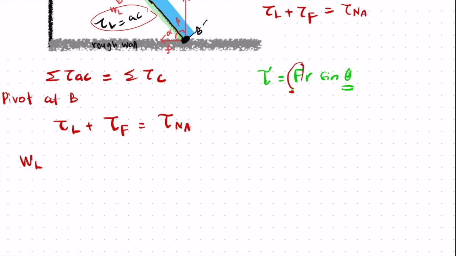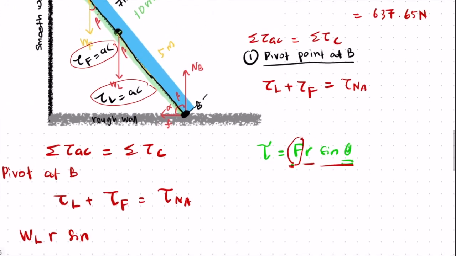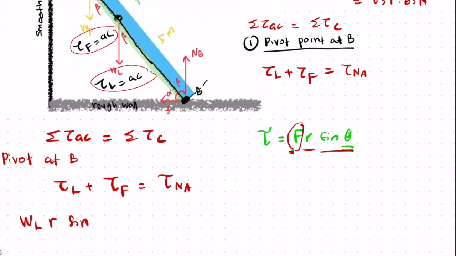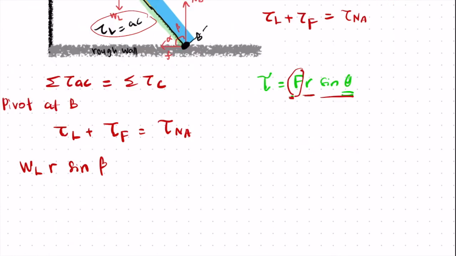Then R is R. Then sin here for L is beta. Plus torque F is WF R sin also beta, equal to torque for NA, which is NA R sin alpha.